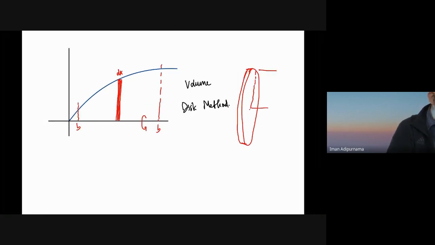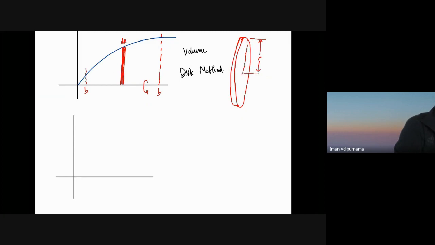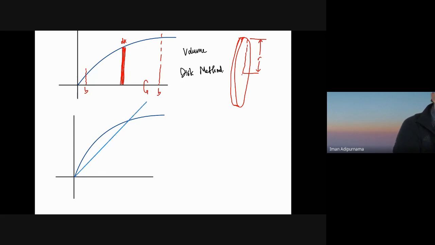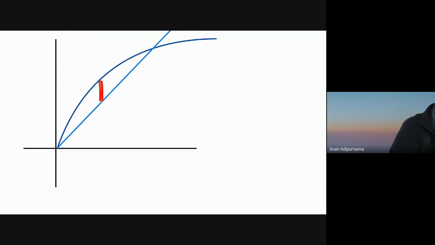And we have to find this radius here. And still on the volume, we also have, for example, something like that. Let's say it's rotated through here.